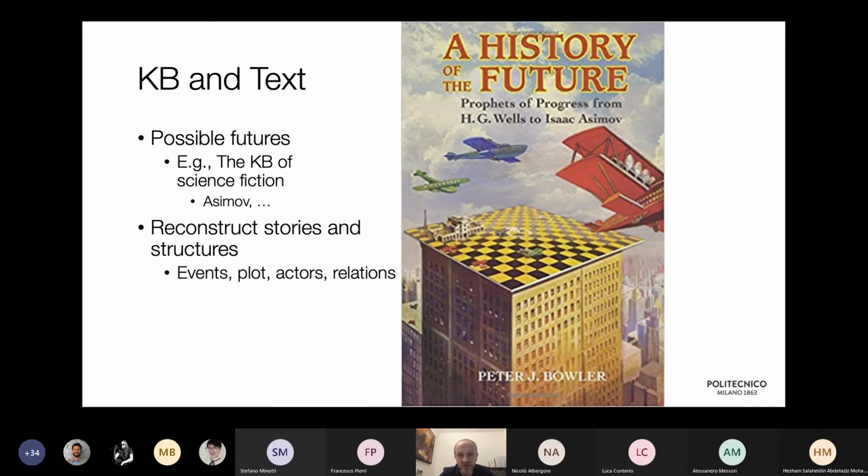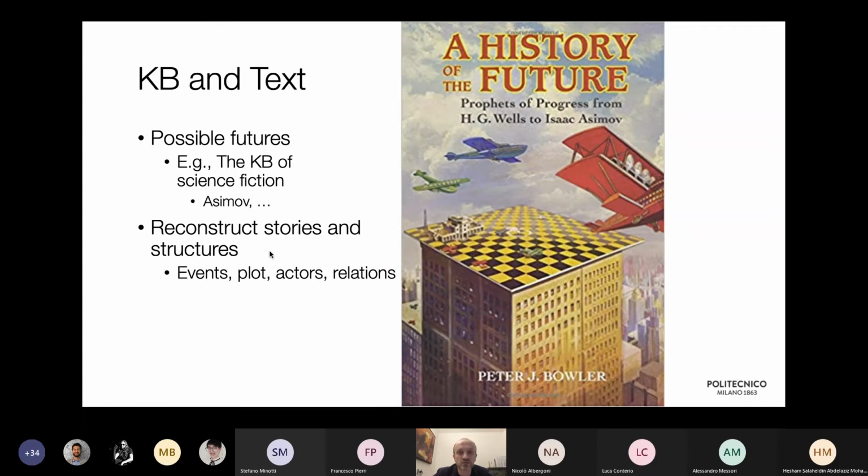So for instance, we pick one novel, we pick many novels, any kind of fictional content, and we try to understand what happens in those texts by reconstructing in a data-driven way the story written in the text.